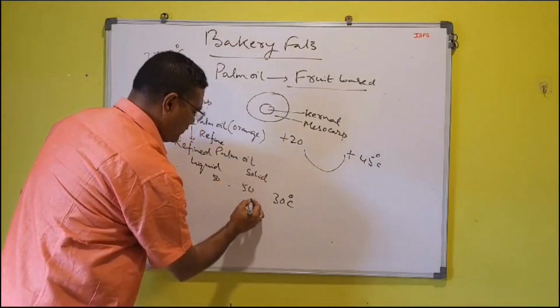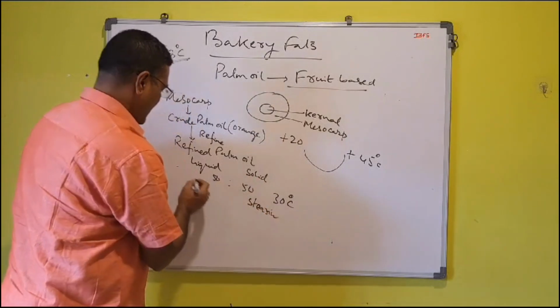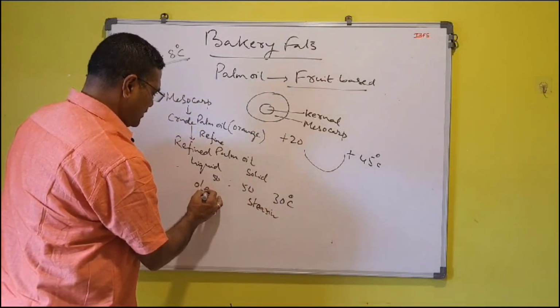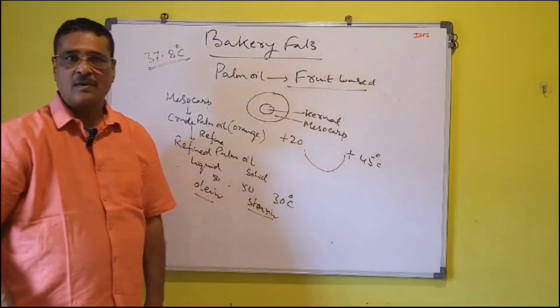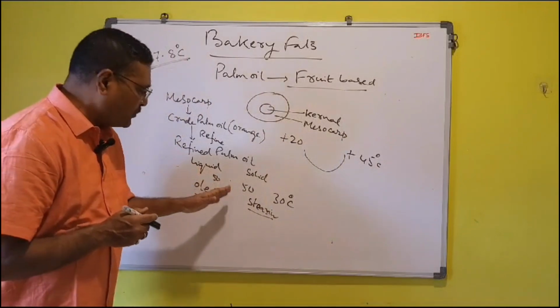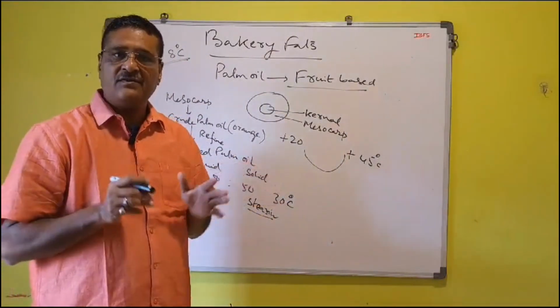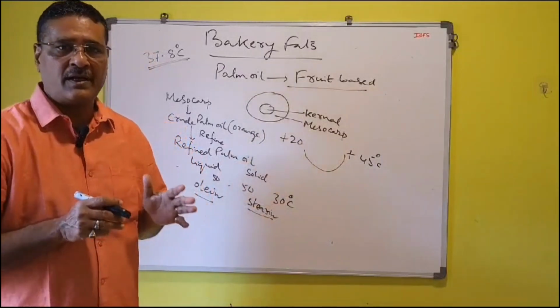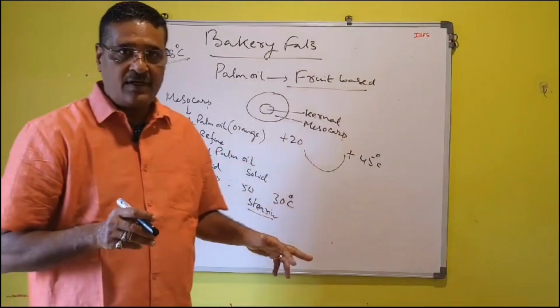This solid portion is called stearine and this liquid portion is called olein. Now, is it possible in an industrial application to get 50-50, let's say from 1 kg of palm oil, can I get 500 grams of olein and 500 grams of stearine?